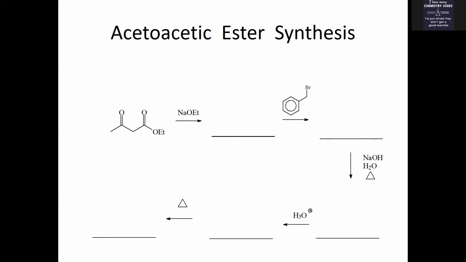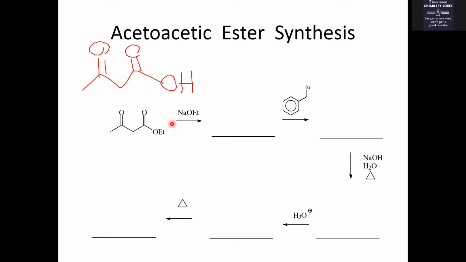Way back in those beginning carboxylic acid nomenclature days, you had to know malonic acid. You also needed to know acetoacetic acid. This is acetoacetic acid. So if you make this acid end into an ester, it's acetoacetic ester.